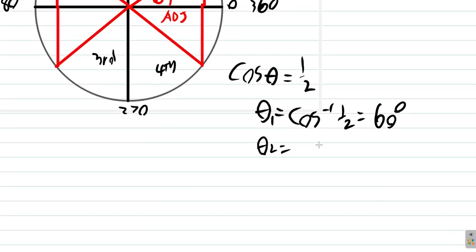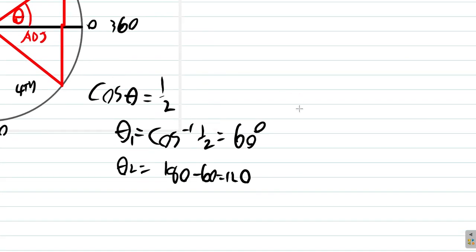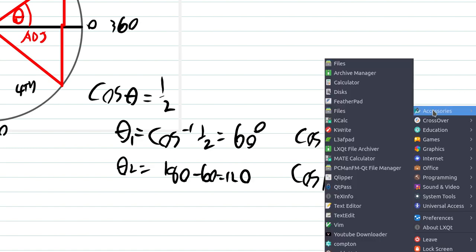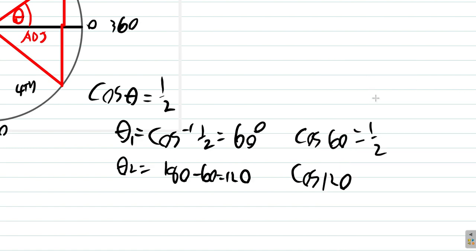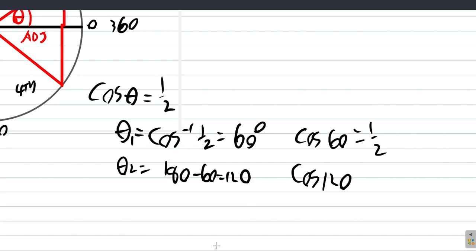So let's call this theta 1. Theta 2 is 180 minus 60, which is what? 120. All right. So far, we know that cosine of 60 equals half. What about the cosine of 120? Is that also equal to a half? Let us see.